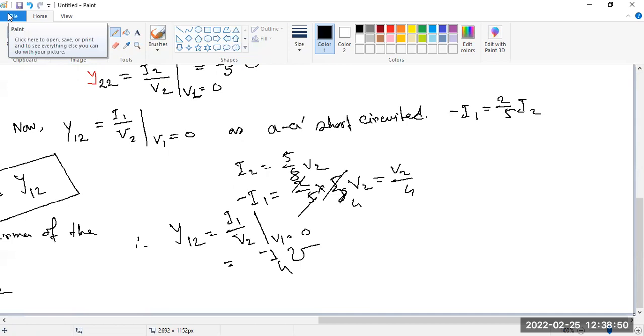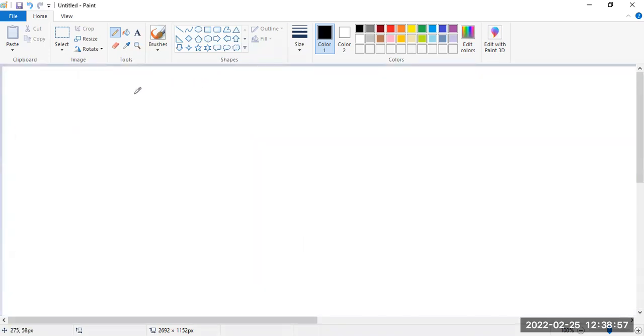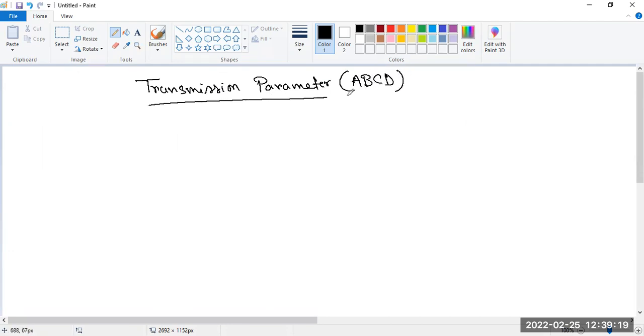Now we are talking about the transmission parameter, that is ABCD parameter. Now we are talking about transmission parameter, or it is called ABCD parameter.